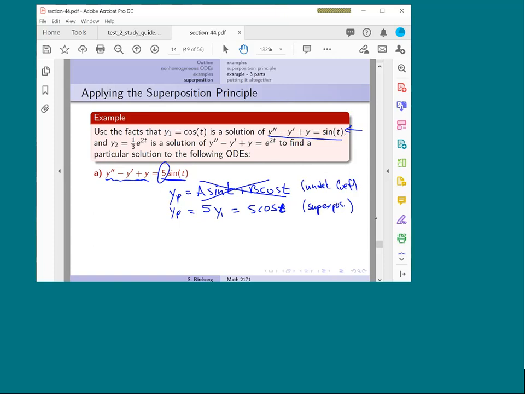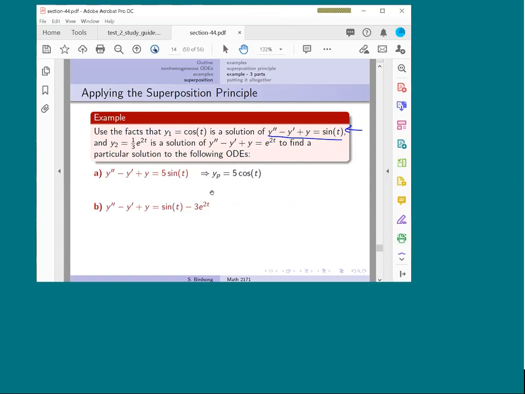I'm just trying to show you guys a shortcut. You can't actually do this method of superposition this fast unless somebody already tells you what your solutions are. One of the ways that people use this is if they have a more complicated situation like this.